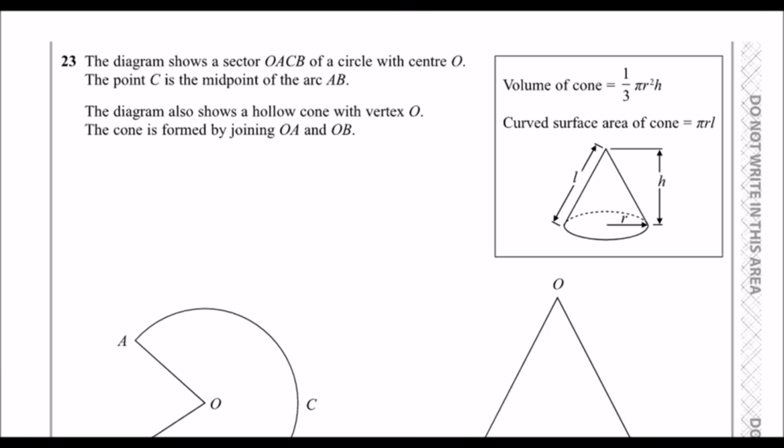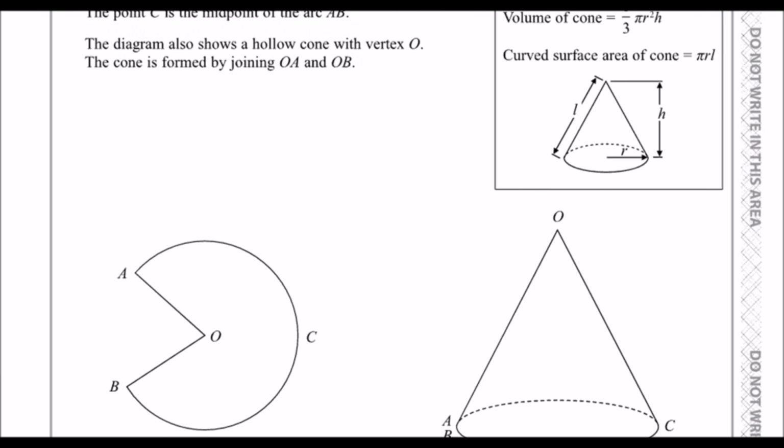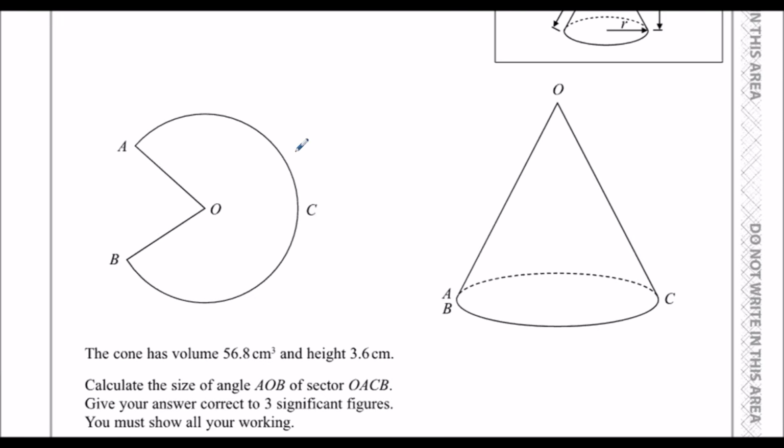Question 23. The diagram shows sector OACB of a circle with center O. The point C is the midpoint of the arc AB. The diagram also shows a hollow cone with vertex O, and the cone is formed by joining OA and OB. So this sector gets folded to make this cone.